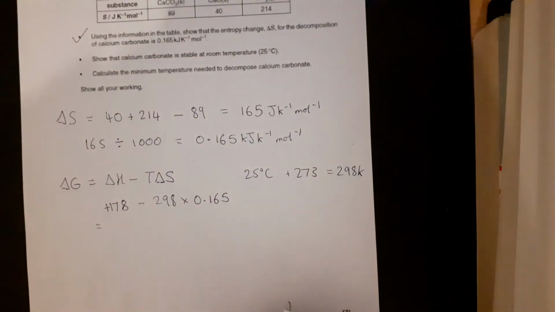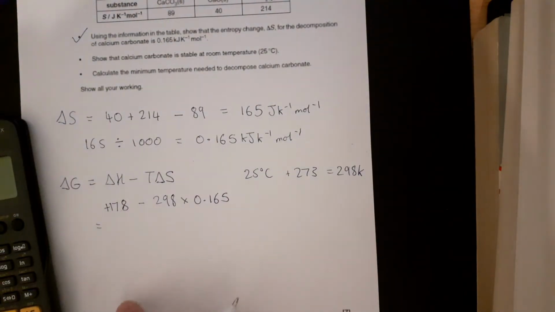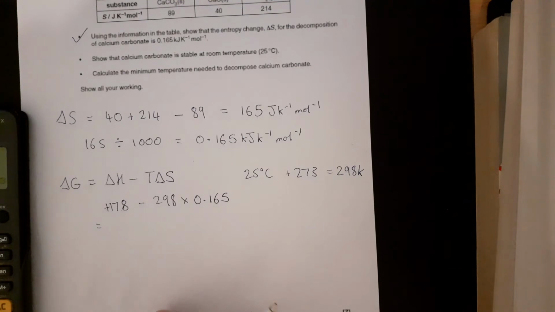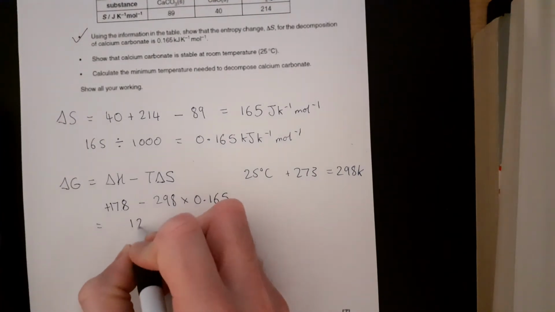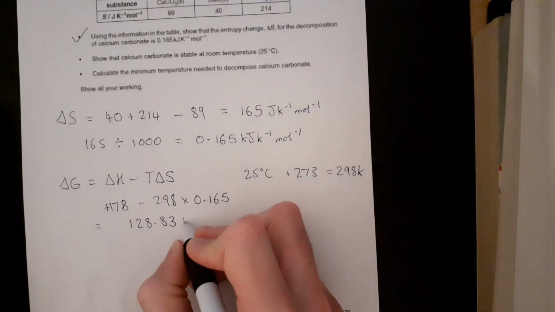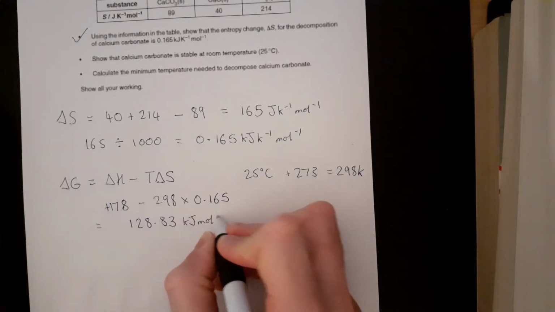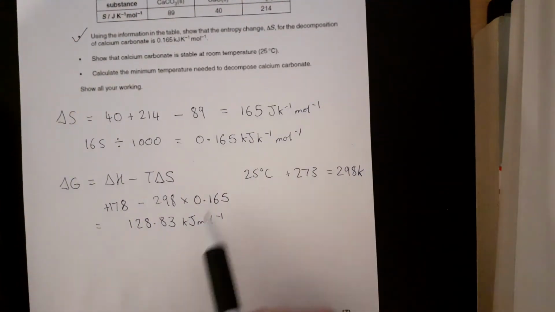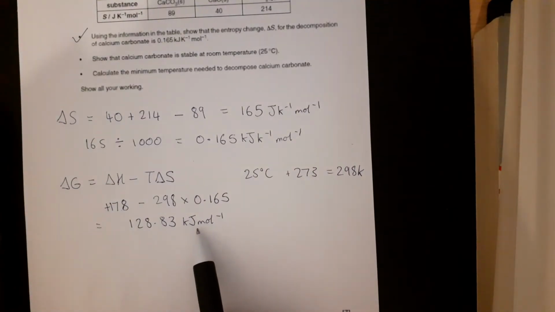So we need to work this out. And we get 128.83 kilojoules per mole. Okay, again, as we said before, always write units with your numbers. There is actually a mark for putting the units here.